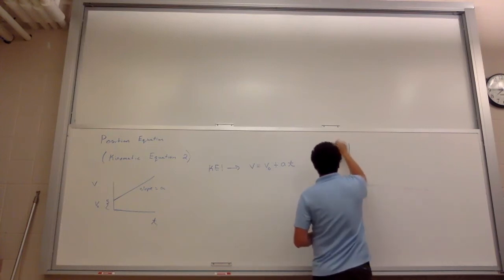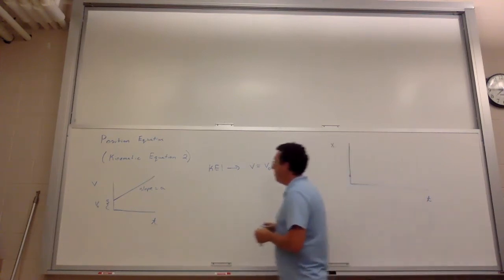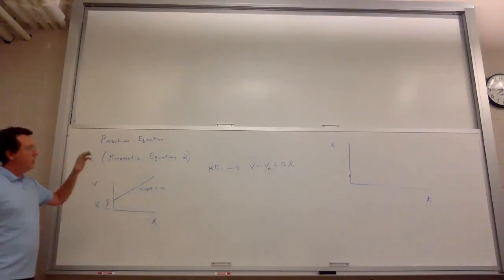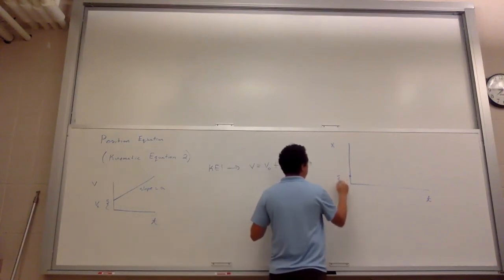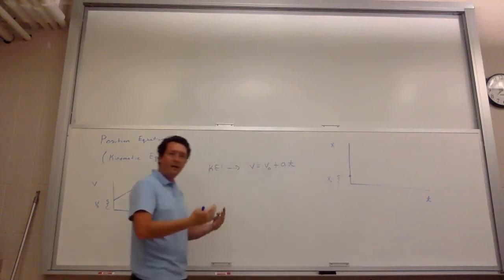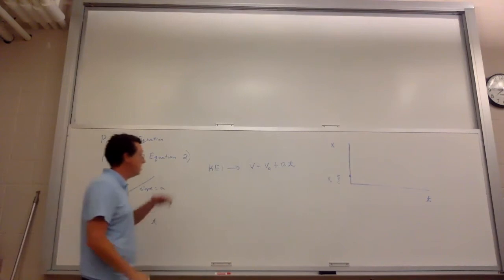So we're going to graph position. We have time. And let's think about what happens here. There's some initial position, x initial, because the height of the position graph when time is 0 is the initial position.